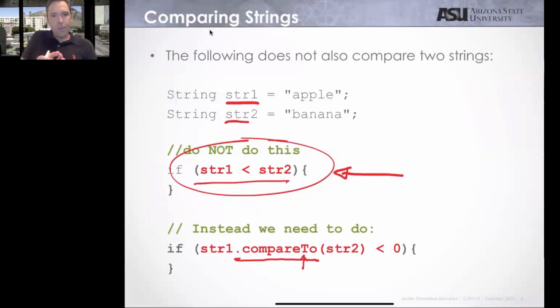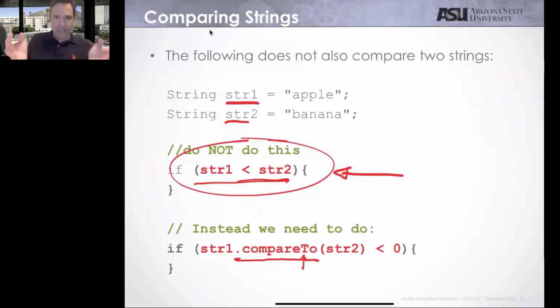So in compareTo, the second word starts with an uppercase letter. So this one is similar or equivalent to this one. Why do we do this? I mean, what could be the reason? Because we want to know if some string is lower or greater than.